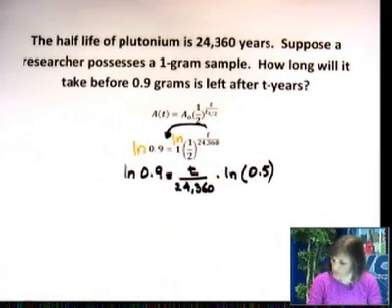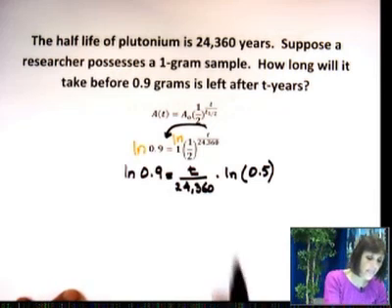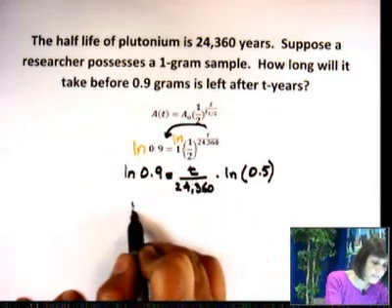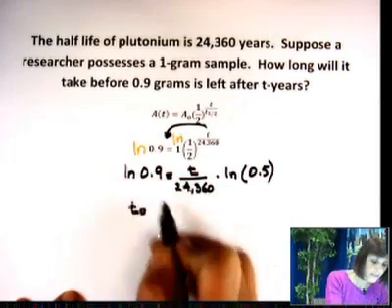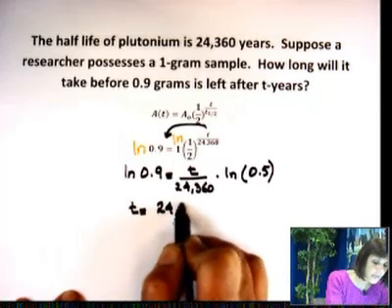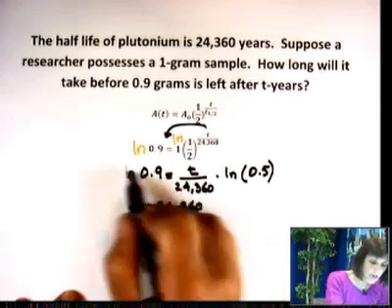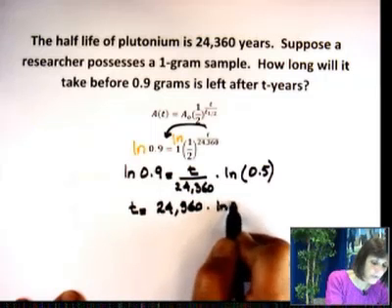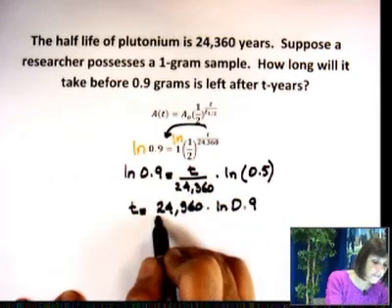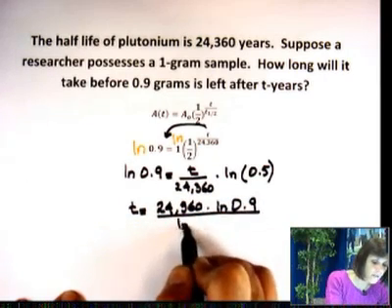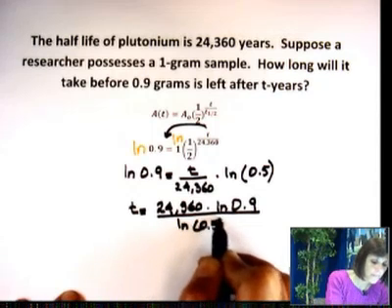All right? Let's go and let's get that. So t is going to be 24,360 times ln of 0.9 divided by ln of 0.5.